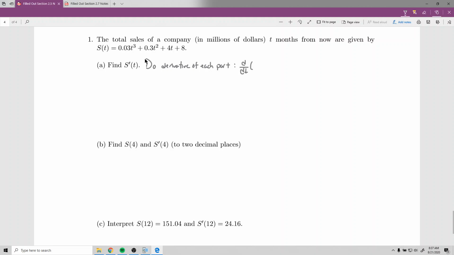You'll notice I've always matched the letter down here, t, with the letter in the problem, because it says do the derivative with respect to that letter. The derivative of 0.03 t cubed plus the derivative of 0.3 t squared plus the derivative of 4t plus the derivative of 8.